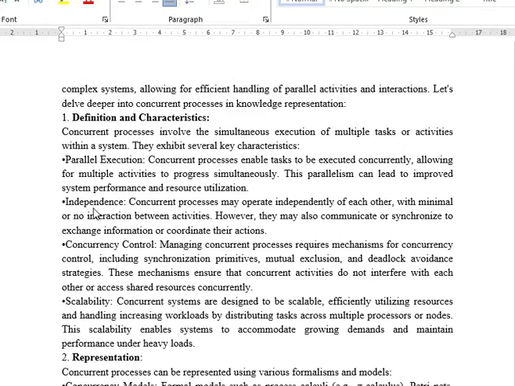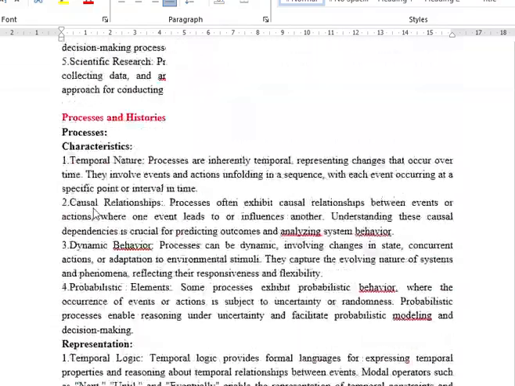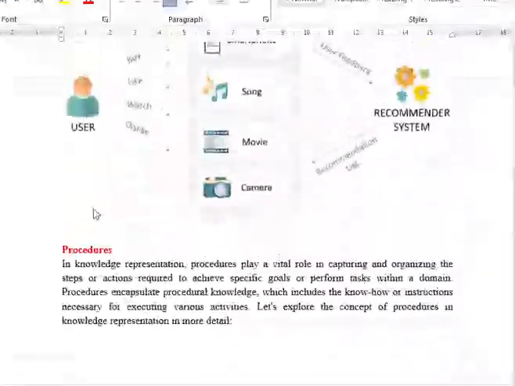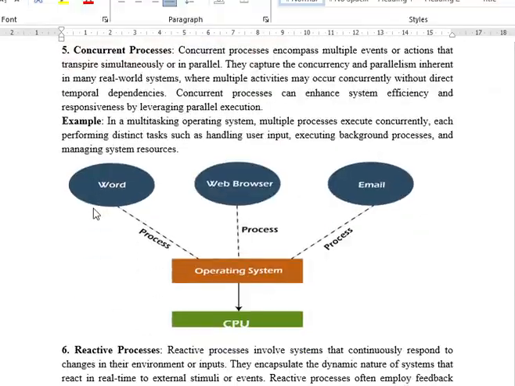Next, independent. What is meant by independent? No interaction between the activities. Let's take this example: suppose we have Word, a web browser, and email. Each is one task, and there will be no interaction between these activities. Word and the web browser are two activities, and there will be no interaction between these two.